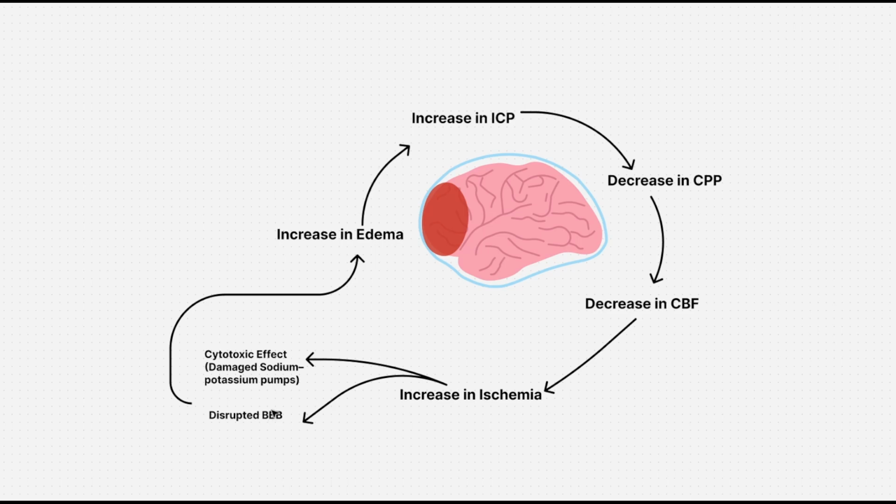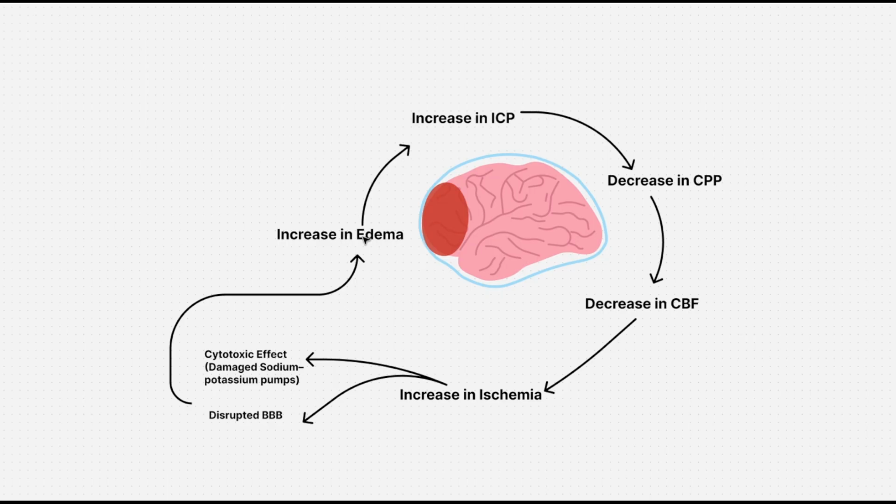We call the first one the cytotoxic effect here. This is called a cytotoxic edema. So an increase in edema that is cytotoxic is called cytotoxic edema, but the one that is through a disrupted blood-brain barrier is called vasogenic edema. And so you can see here that this is a vicious cycle.